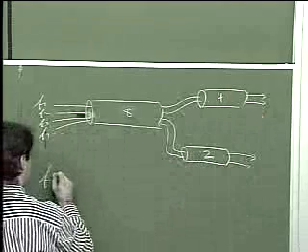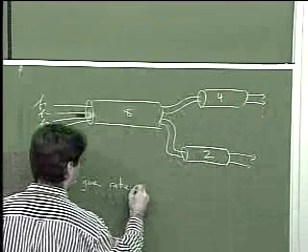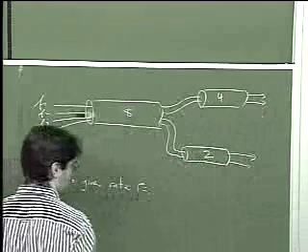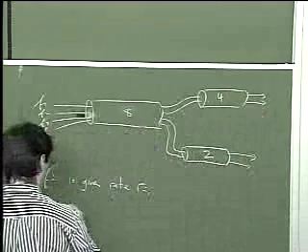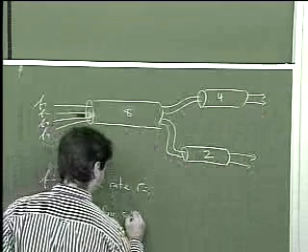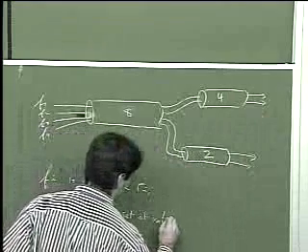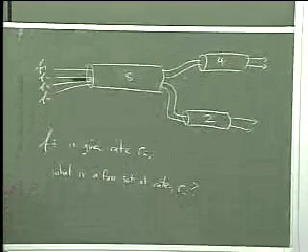So flow Fi is given rate Ri. What is a fair set of rates Ri?